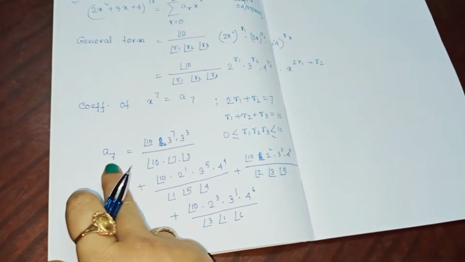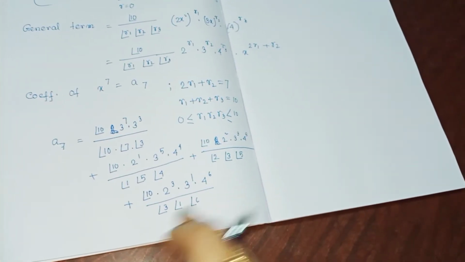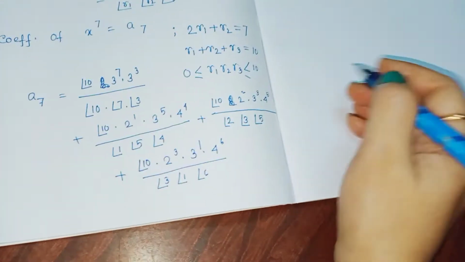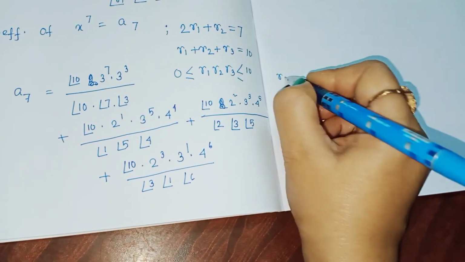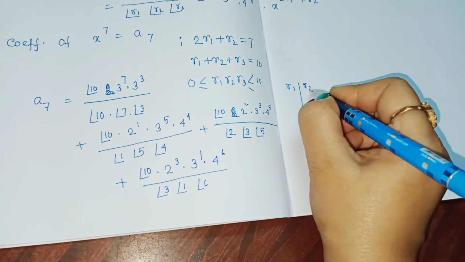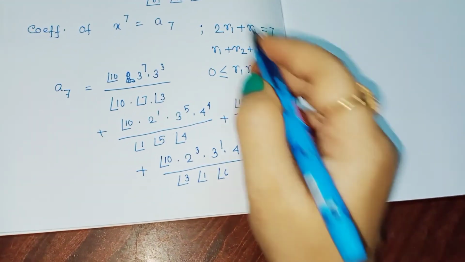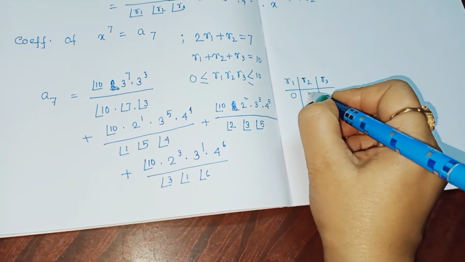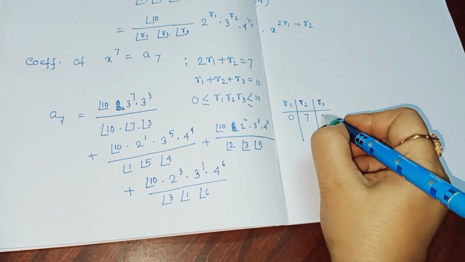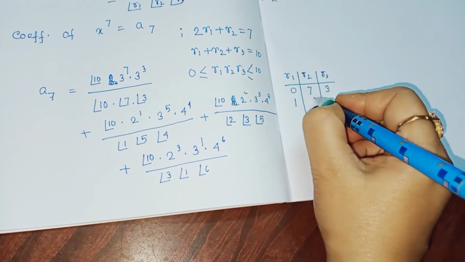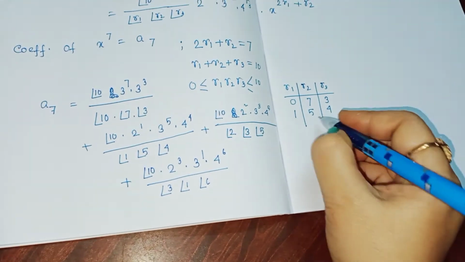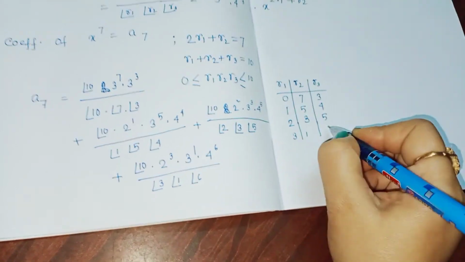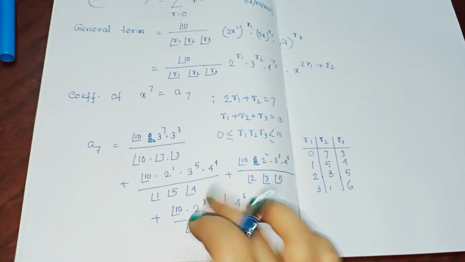It is the general term a_7. Now I just plot down r1, r2 and r3 from this formula: r1 is 0, r2 is 7, r3 is 3; r1 is 1, r2 is 5, r3 is 4; r1 is 2, r2 is 3, r3 is 5; and the fourth one is 3, 1 and 6. So this could happen here.